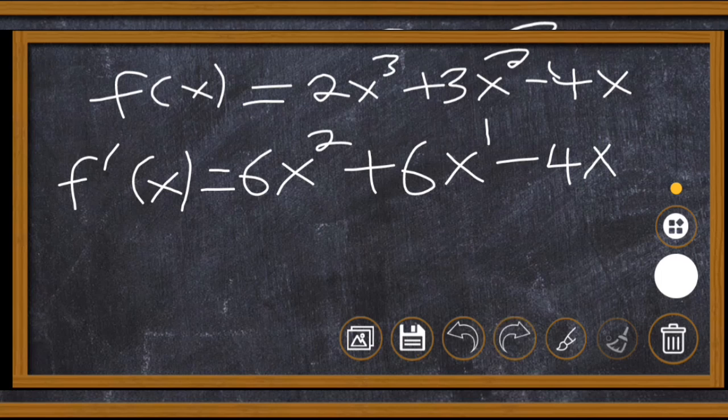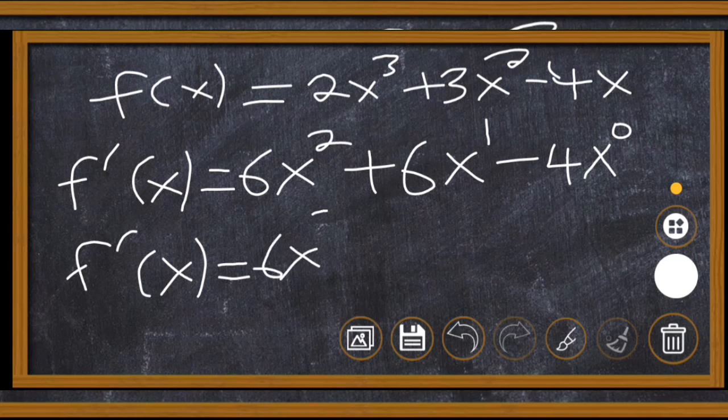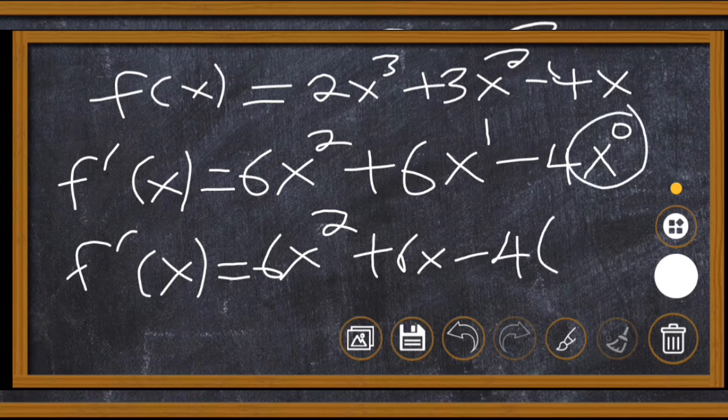So going further, we're going to have f prime of x equals 6x squared plus 6x. We know that even if we don't write the power 1, it's just the same as omitting it. So we're going to have negative 4. And then we know that anything raised to power 0 is 1.